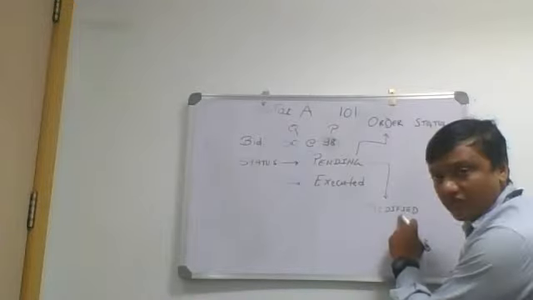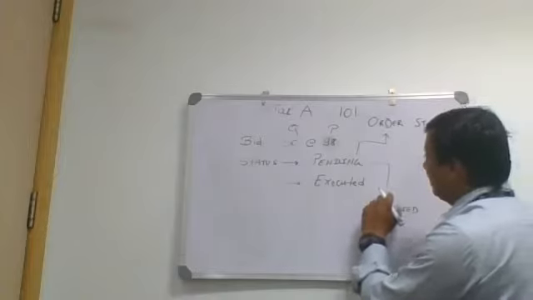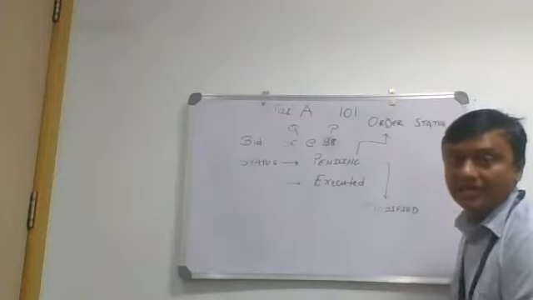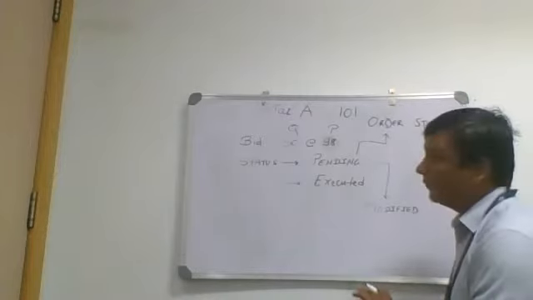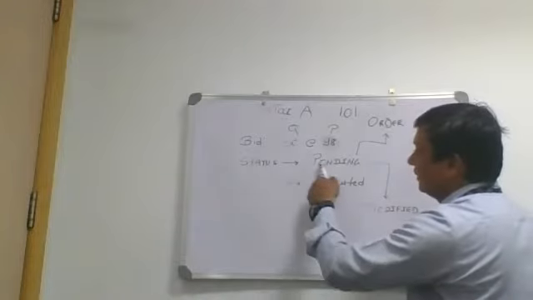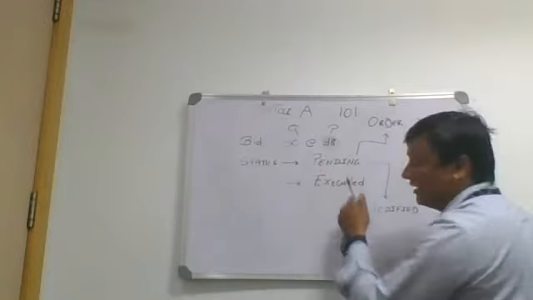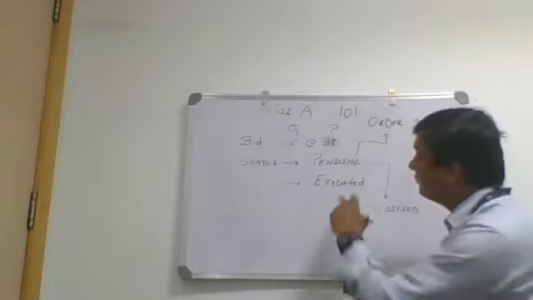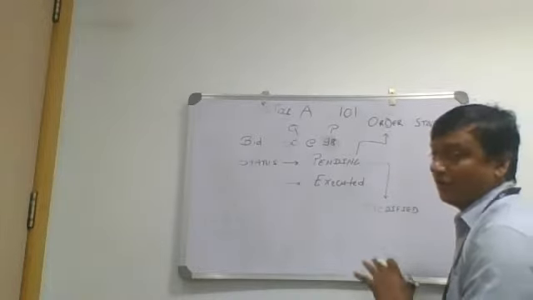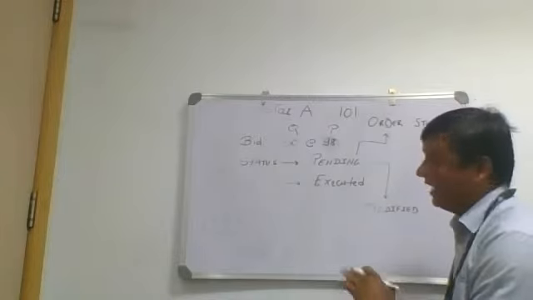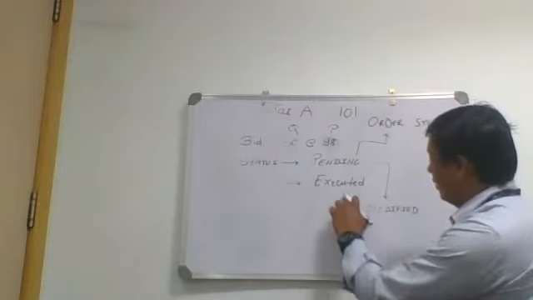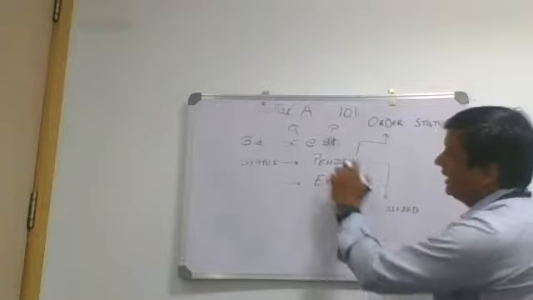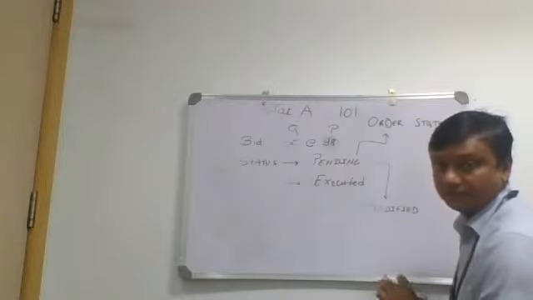After the modification, again the status will remain pending. Got the point? The order which is pending, you can modify any time before it is executed. You cannot modify an executed order. You can only modify a pending order.